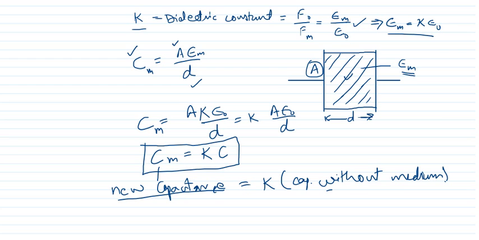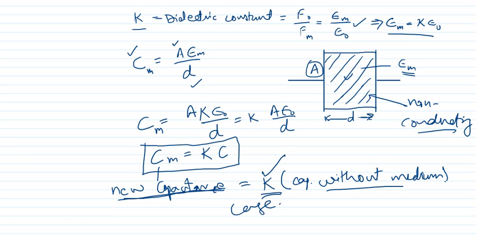Now there is one condition: this medium which is inserted should be non-conducting. Clear? Now when it is inserted, what will happen? New capacitance becomes K times. Now if K is large, then what will happen? If K is large, then new capacitance will also become large.